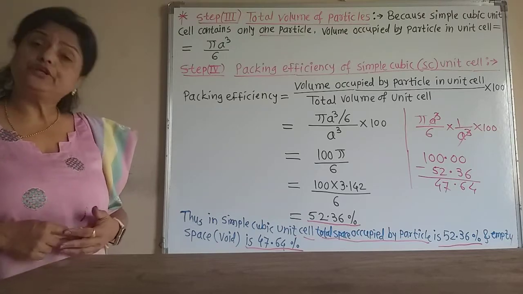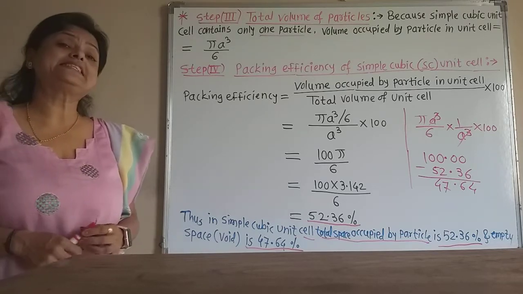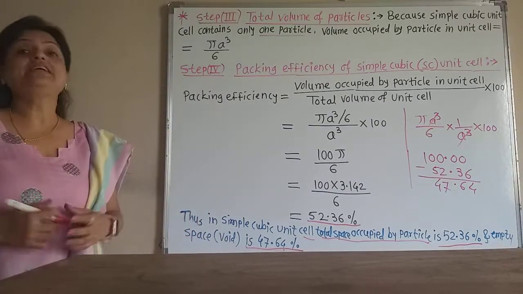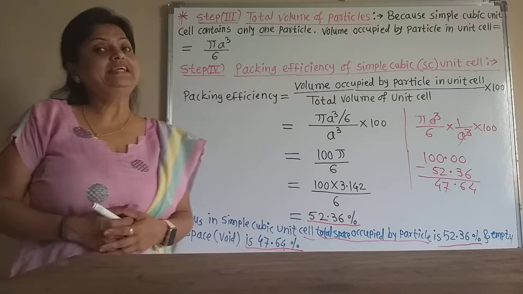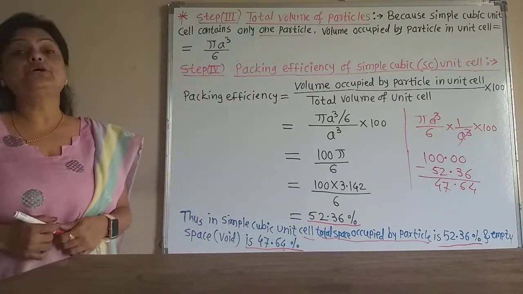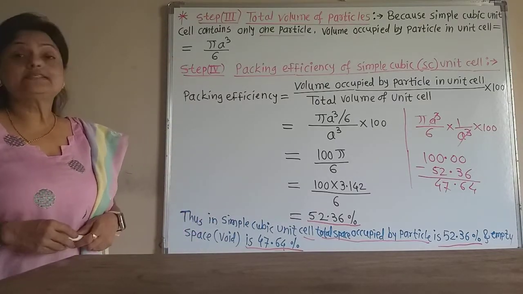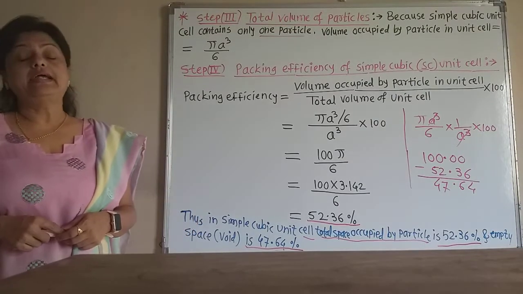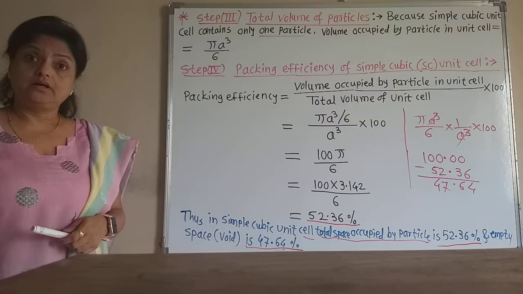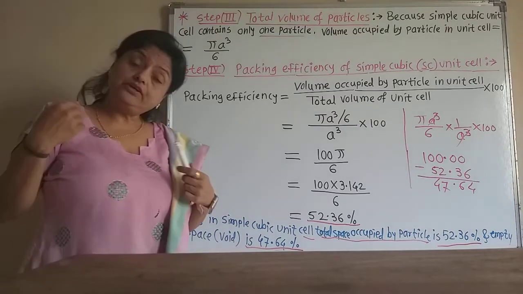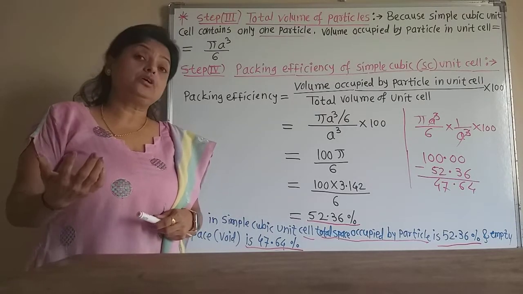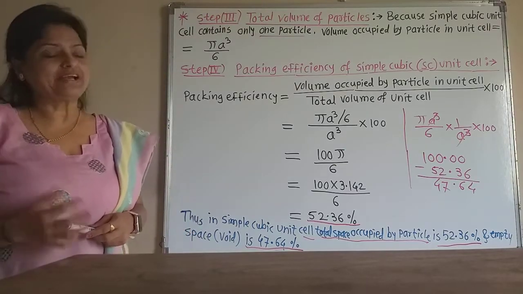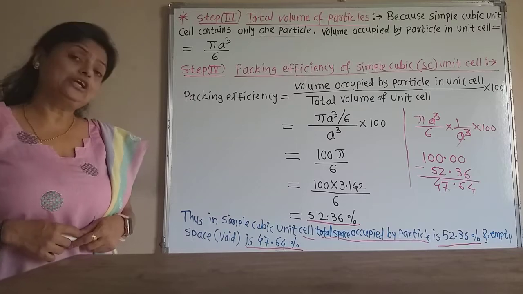So in the simple cubic unit cell, the packing efficiency is not much, and therefore the particles are somewhat loosely held. Now we have to calculate again the packing efficiency of the HCP and also the FCC. Then we determine which unit cell is more compactly packed by the particles.